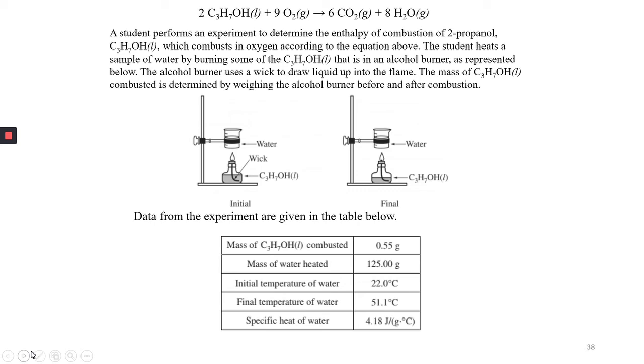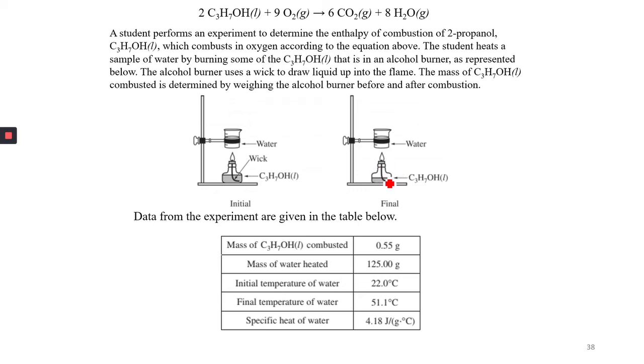So here is a sample AP type question that deals with this. So let's pause kind of and read this here. A student performs an experiment to determine the enthalpy of combustion of 2-propanol. That's this right here. Which combusts in oxygen according to the equation above. The student heats a sample of water by burning some of the propanol that is in an alcohol burner.